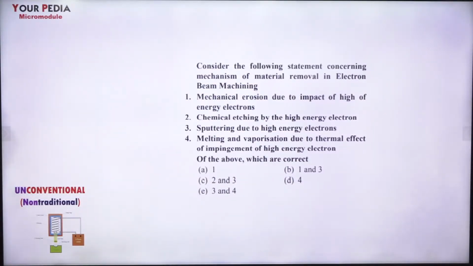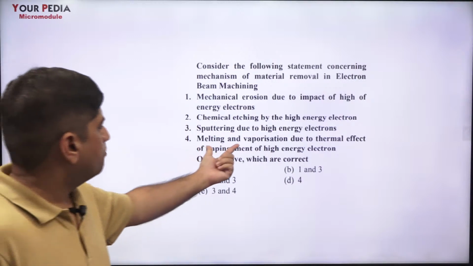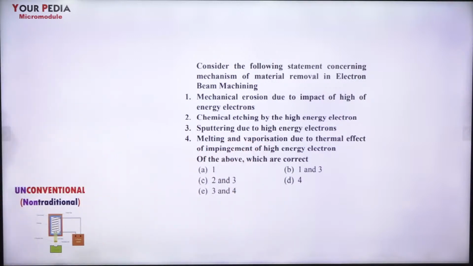This question is related to electron beam machining. Chemical etching by high energy electron, mechanical erosion due to impact of high energy electron, sputtering due to high energy electron, melting and vaporization due to thermal effect of impingement. Melting and vaporization is there. Which of the following is true?